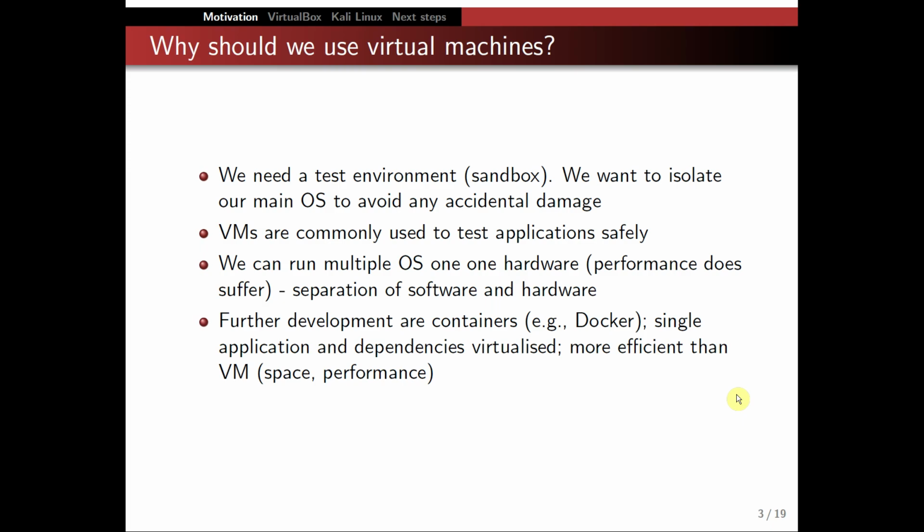So in a way, using a virtual machine, we can separate software and hardware. And in fact, there has been lots of development in this area, and also there is some further development into so-called containers. They use a different technology. For instance, Docker would be an example. And I will cover this in Unit 6 in a bit more detail. Now, containers are more efficient, one has to say, compared to virtual machines in terms of space requirements and also performance.